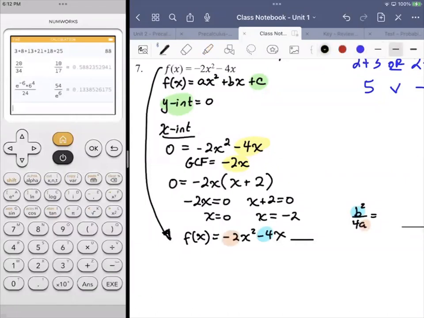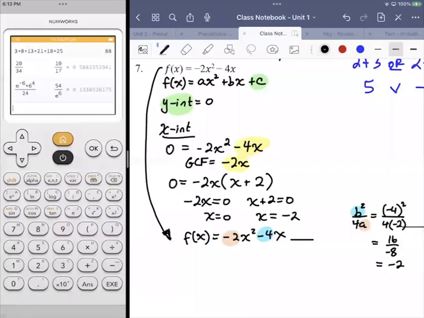Again, this is going right back to the original function, not any of the simplified versions of it that we came up with along the way. So I'm looking at negative 4 squared over 4 times negative 2. So 16 up top, negative 8 on the bottom.